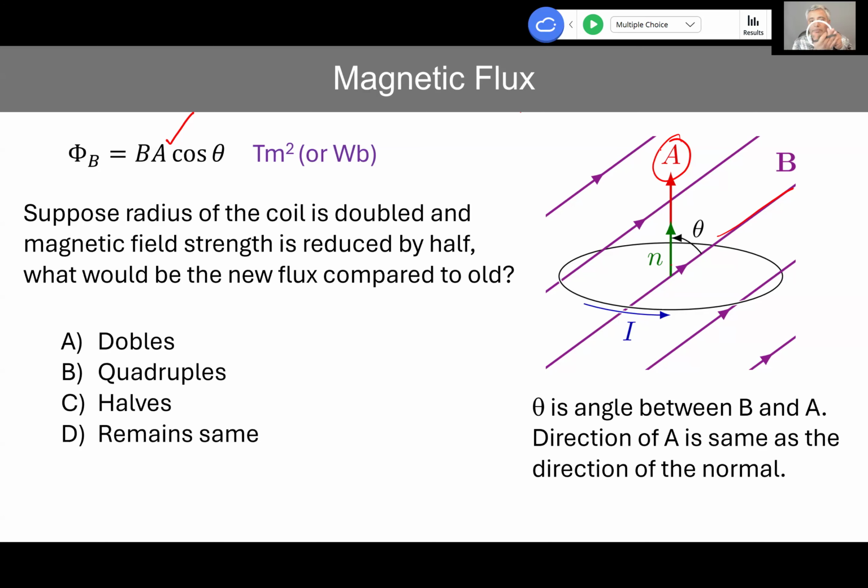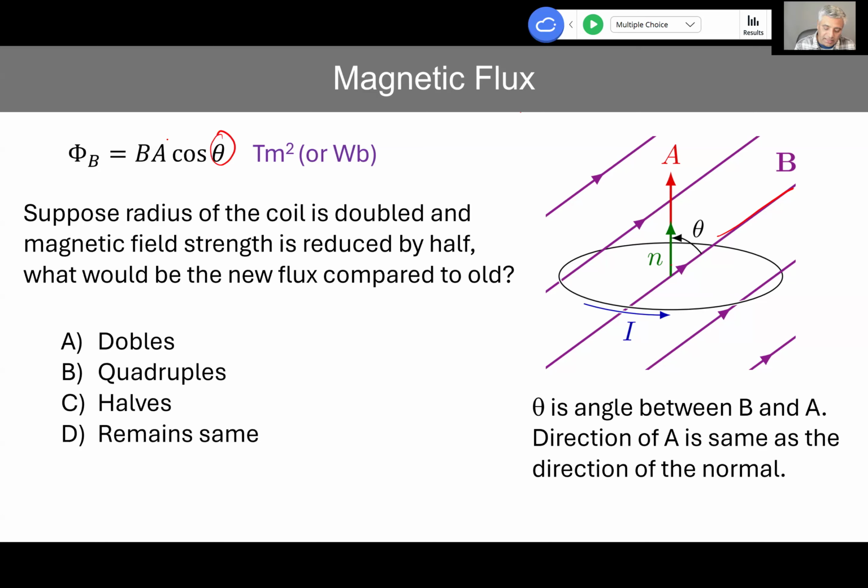It is not on the plane but perpendicular to the plane, always. And this could be up or down, depending on which way current is circulating. If current is not circulating, that is basically no use. But when current is circulating, we can tell it's pointing that way.